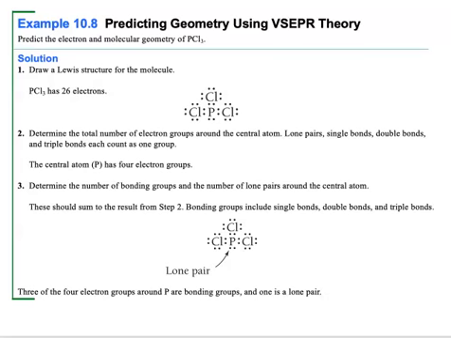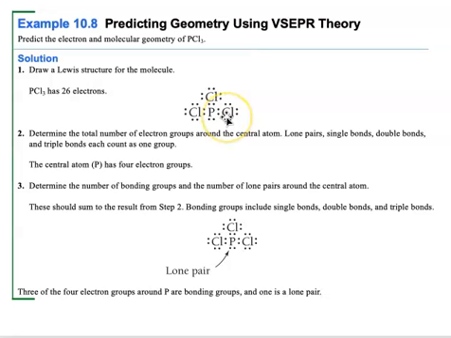Phosphorus chloride is going to have 26 electrons. If we go back to our periodic table, we will see that our chlorine atom has 7 valence electrons and our phosphorus has 5 valence electrons. So we're going to need to place those all around. We want to ensure that we put a pair of bonding electrons in between the chlorine and the phosphorus, the chlorine and the phosphorus, the chlorine and the phosphorus.